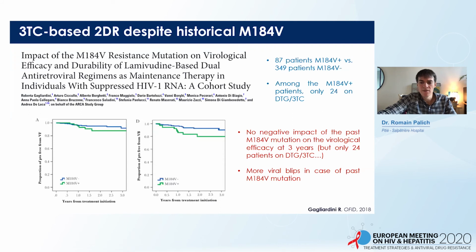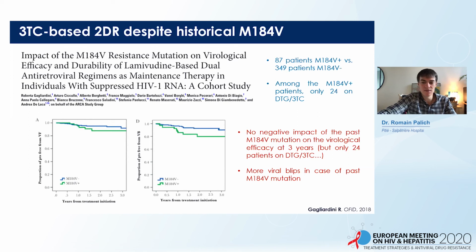The MobiDeep experience has demonstrated that lamivudine, in association with darunavir ritonavir, was able to maintain the virological success, and that was not the case in the absence of lamivudine in patients who had a M184V mutation in the past in 97% of cases.